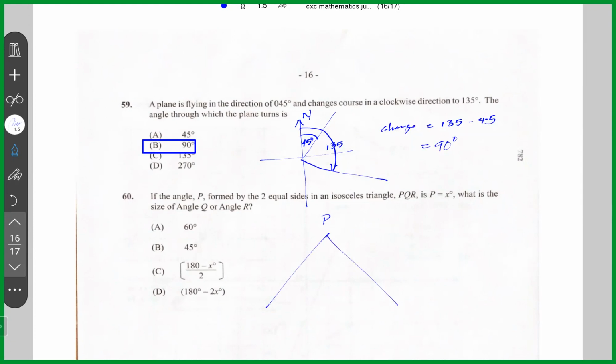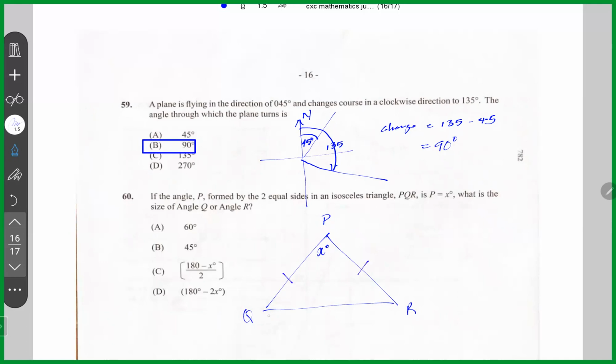The angle P is x degrees. What is the size of the angle Q or angle R? Oh, it's the two equal sides.